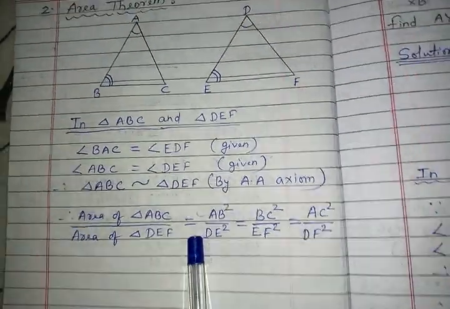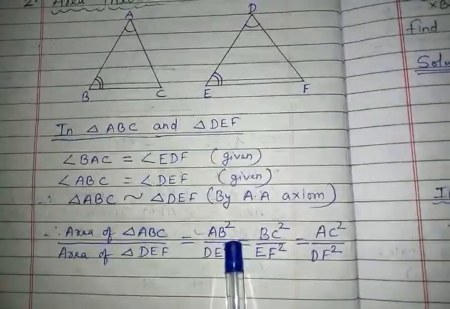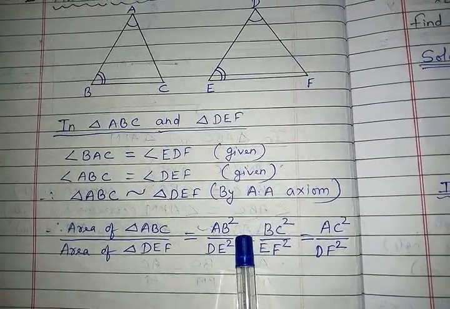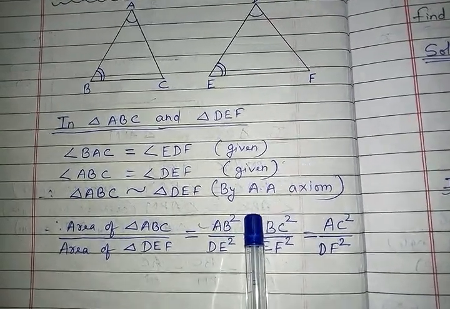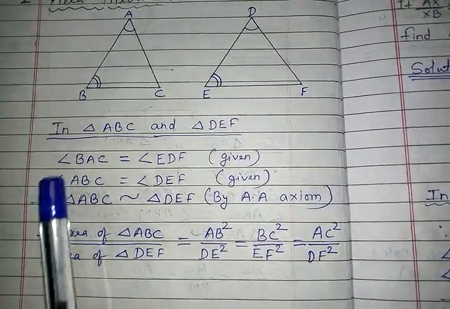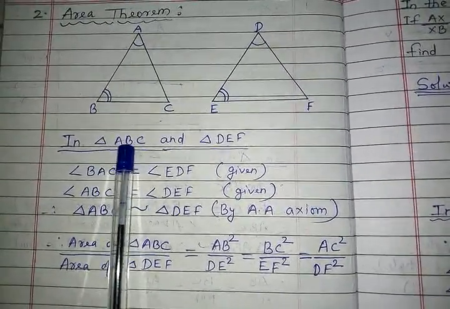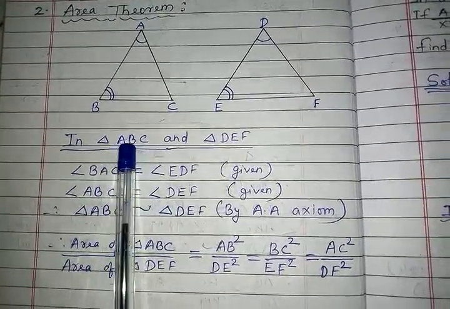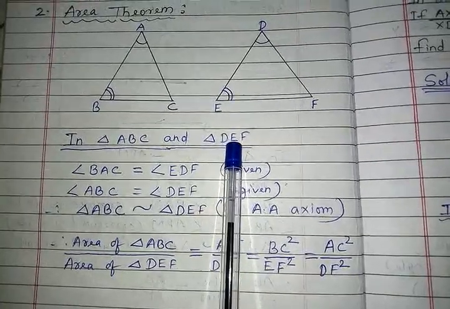What we have to do is take their sides and make a square of them. That means we have to do side square. Now how to take the sides? If in this triangle we take AB square, we have to take DE square. That means first two here, the same first two we should take.